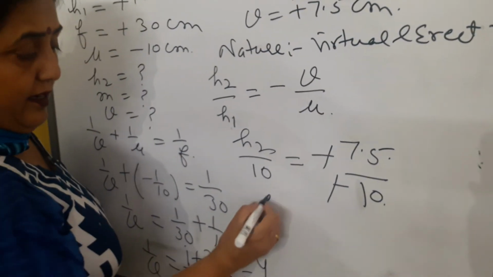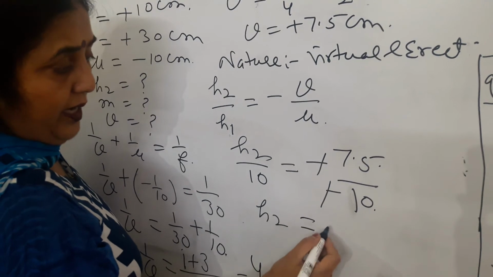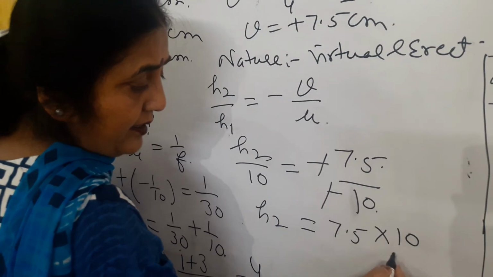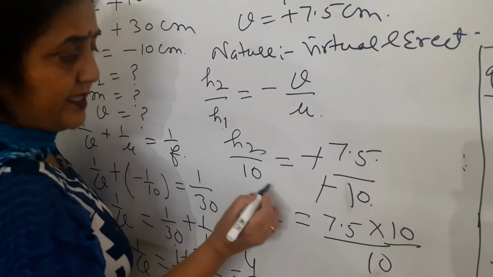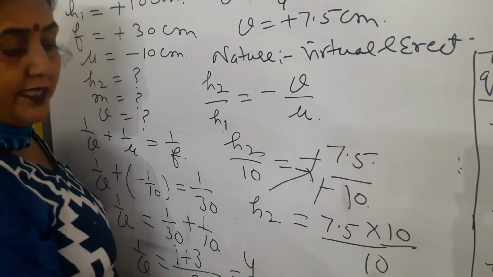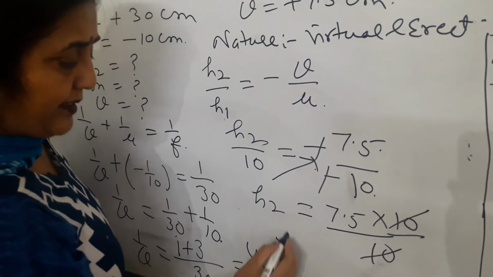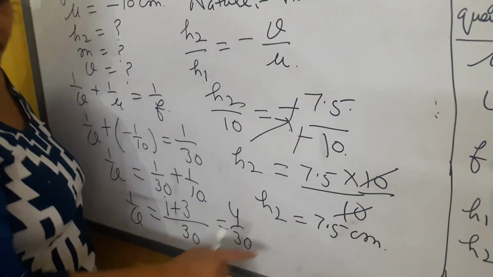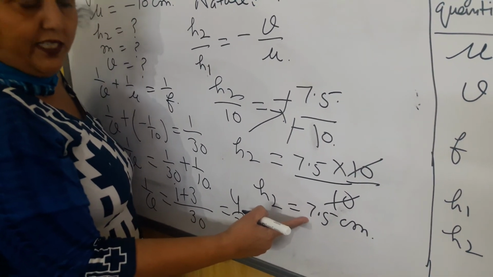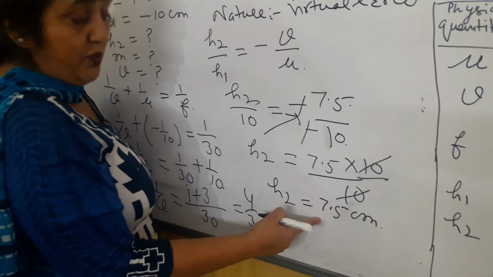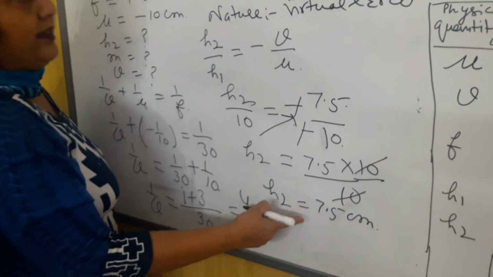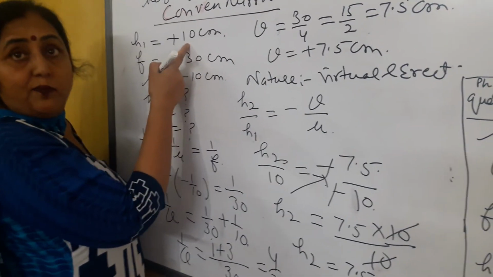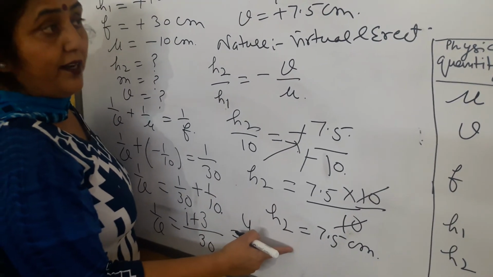Cancel this. h2 is 7.5 into 10 upon 10. This 10 we will multiply this side. 10 and 10 are cancelled. So h2 is 7.5 centimeter. Now height of image is plus. It means it is virtual and erect. And look, it is smaller than 10 centimeter. And convex mirror always forms a smaller image.